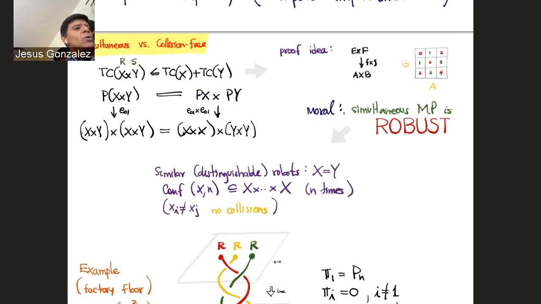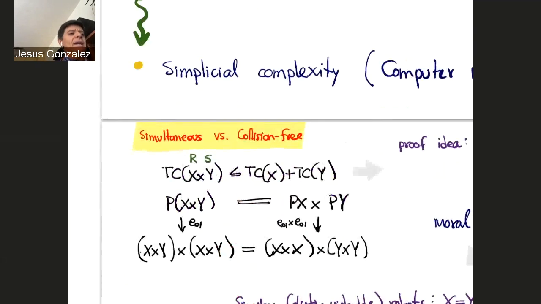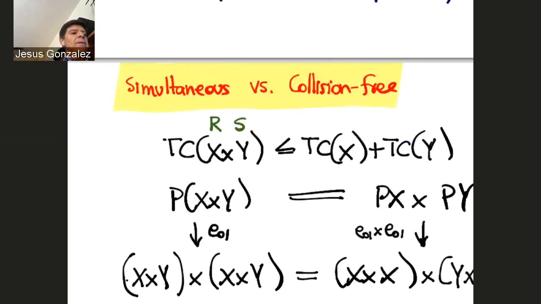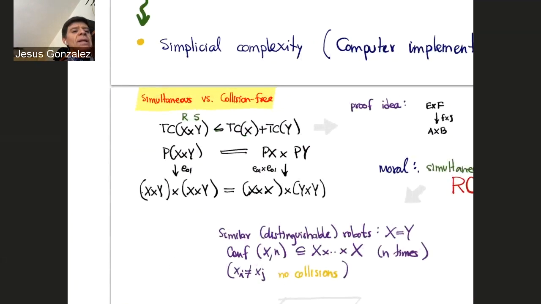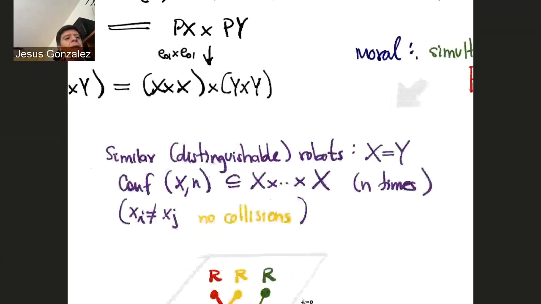But now suppose that I have these two robots, namely R and S, one having configuration space X and one having configuration space Y. But now assume that X and Y are the same. And not only that, I have two robots, but I have n robots, and they are moving in the same space, and they have to be distributed somehow, but I want to avoid collisions.